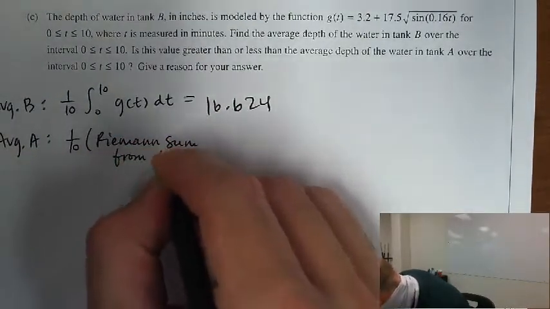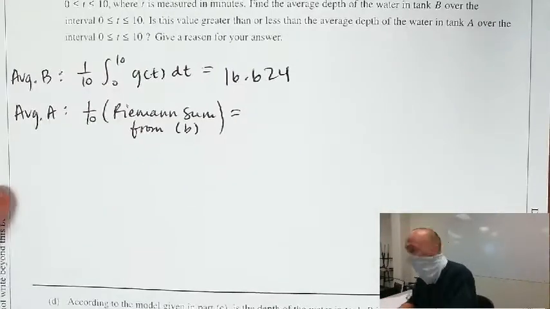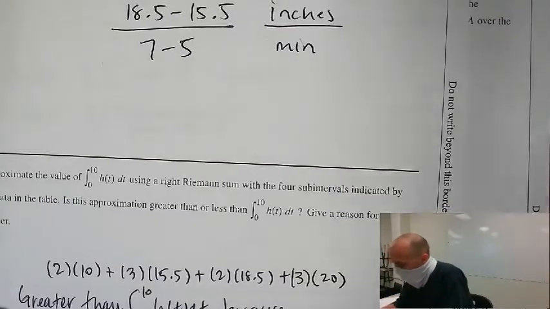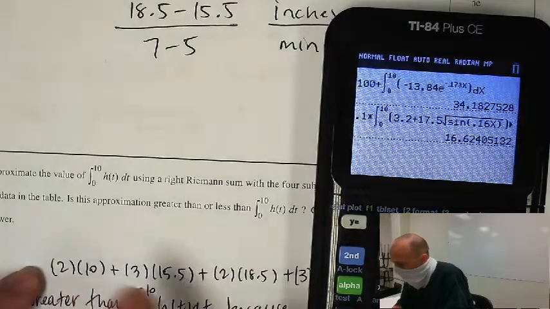Average for A is 1/10 of the Riemann sum from part B, which is going to be, all right, this is going to be a little annoying. I thought the numbers were nice enough. Oh, what I'm going to do is divide through on one of these things.